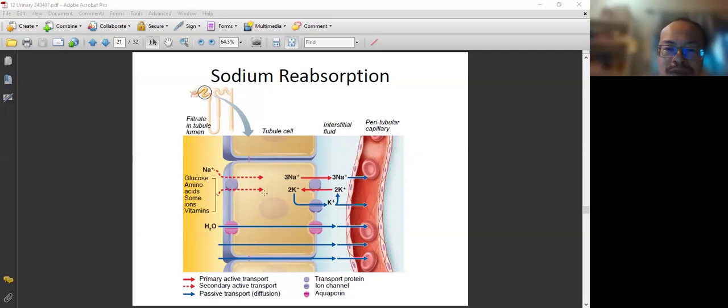By doing so, you reabsorb basically everything else. You reabsorb sodium, water, and glucose. We actually reabsorb 100% of glucose in the proximal convoluted tubule. We are supposed to not pee out glucose at all, zero.